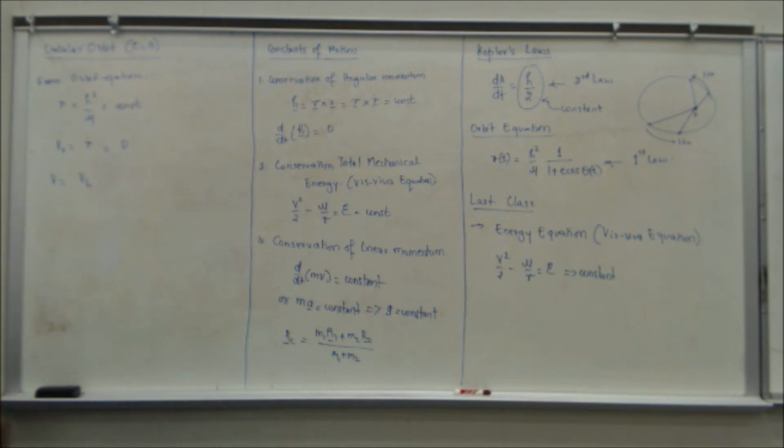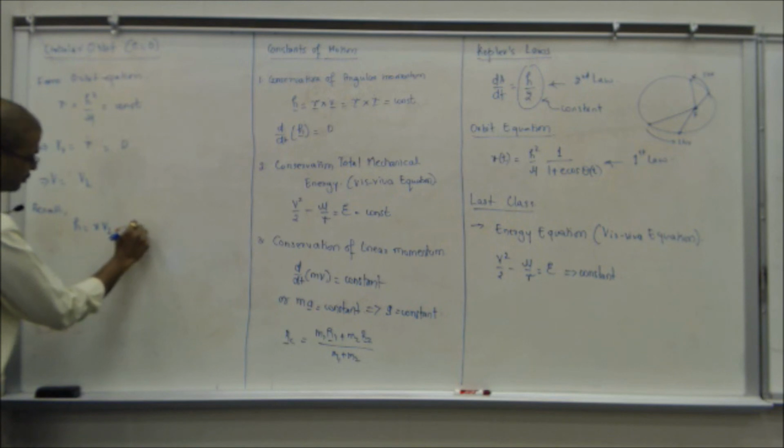So your h, we said h was defined as r cross v. The radial part does not contribute, so only this component. If you look at the magnitude of this, for a circular orbit it would just be r v.